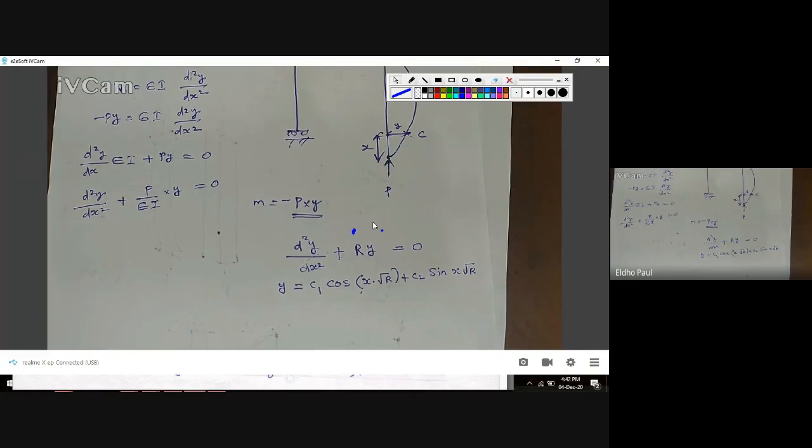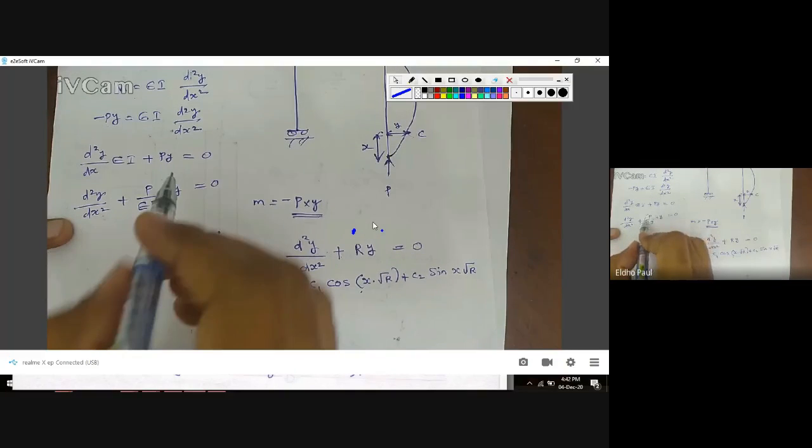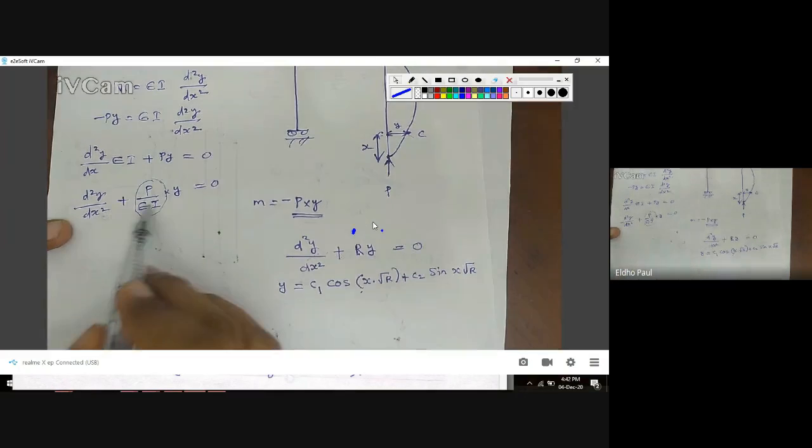Okay. So here we got almost similar format. Here in this term is this r. The constant r is this term p by EI.